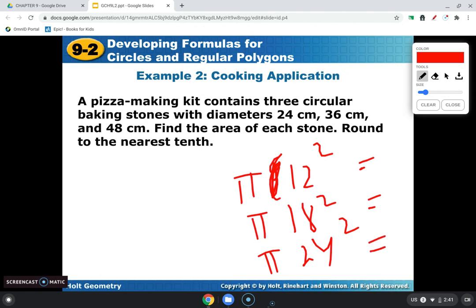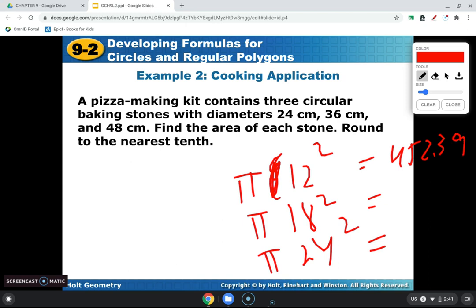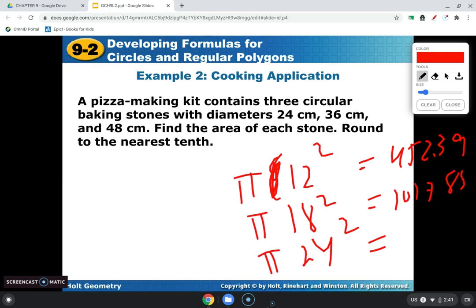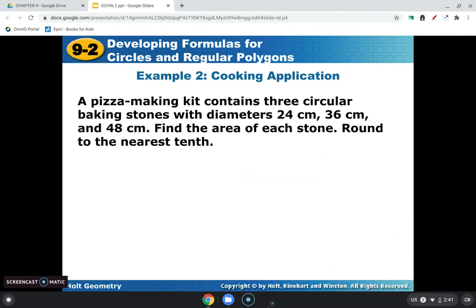If you want to do that in your calculator, 24 pi... 452.39... 1017.88, and I think you get the idea here. Use that pi key on your calculator, 18.0956, and all those would be centimeters squared. All right, once again, follow along on the formula sheet if you're not sure on these for Chapter 9.